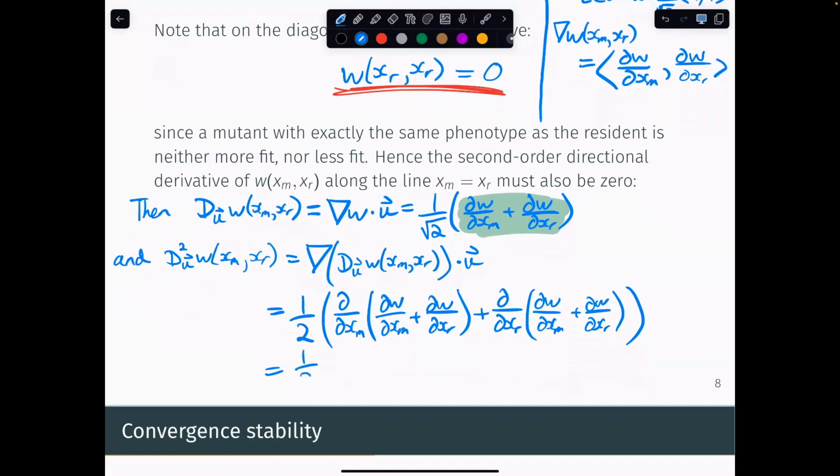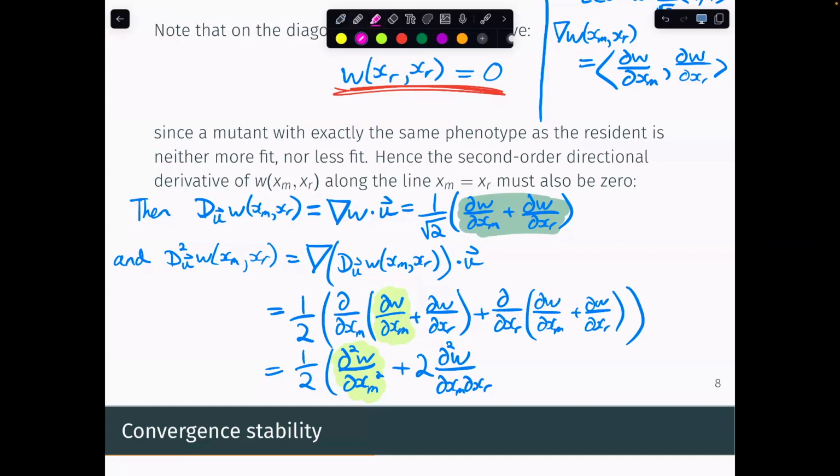This thing gives you a half of the second order partial with respect to xm plus, so that's going to come from, let me highlight these to make sure it's clear. So we're going to have this term here. It's going to give us this term here. We are going to have 2 times the second order cross derivative with respect to our mutant, with respect to our resident.